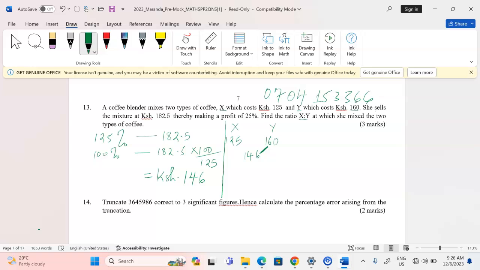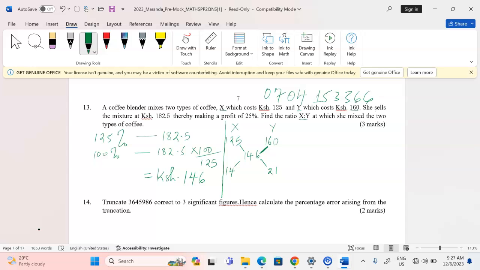This gives us 14. Then we can also subtract 125 and 146. And this is giving us 21. Therefore, the ratio of mixing X and Y is 14:21.